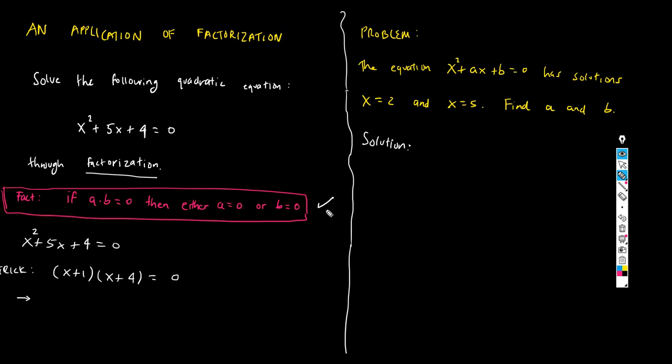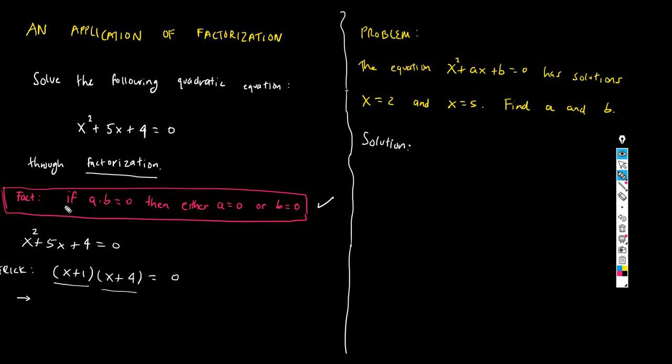Remember, we accepted this as true. And it has the same shape as this. We have the product of two numbers being equal to 0. Can you see? This is one number and this is another number. This is one factor, this is another factor. This is the product of two factors, and that's being equal to 0.